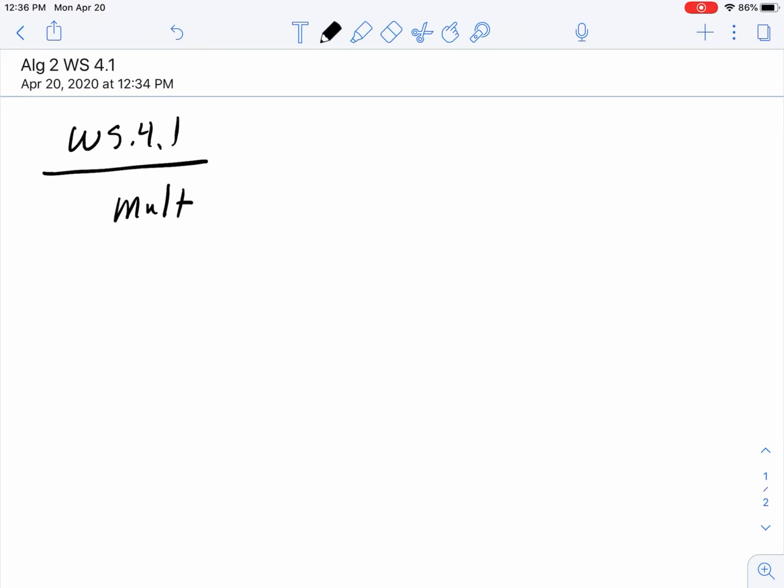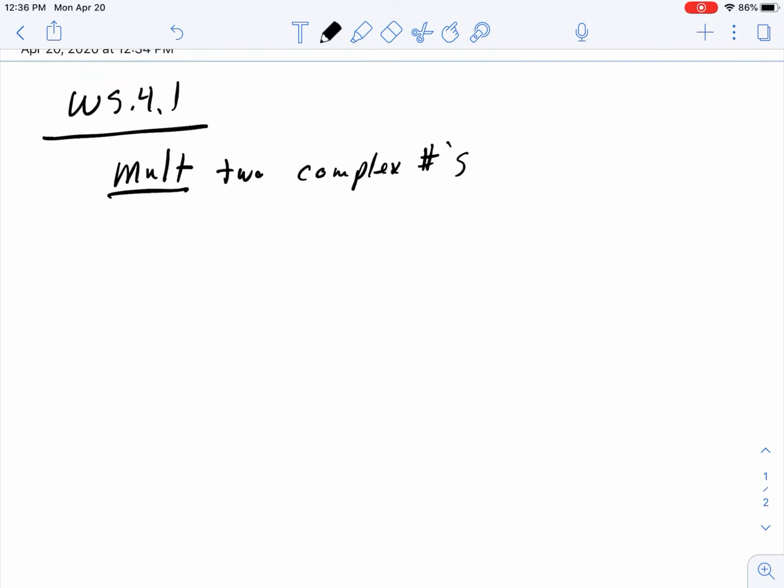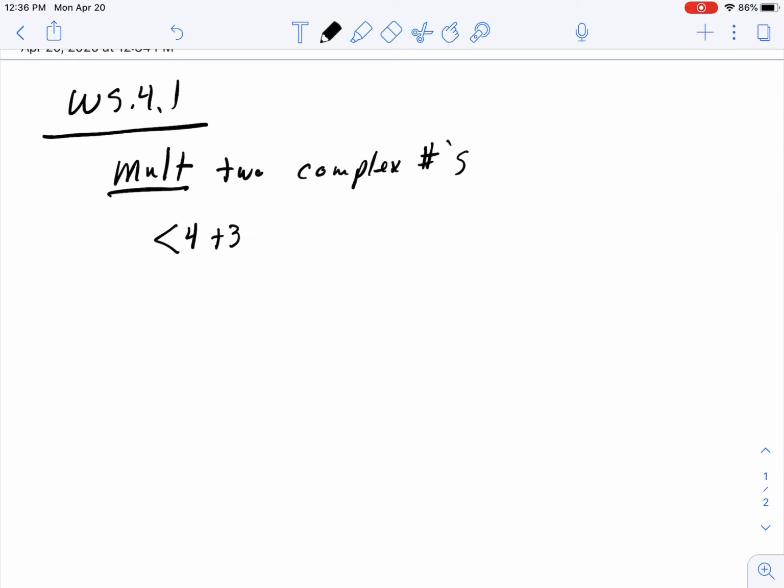So first off, let's look at multiplying two complex numbers. In chapter 3, I had you multiply something like 4 plus 3i times, excuse me, let me start over.